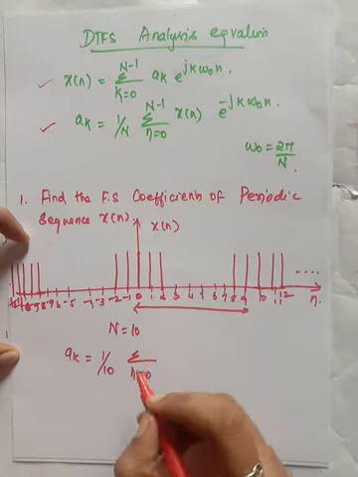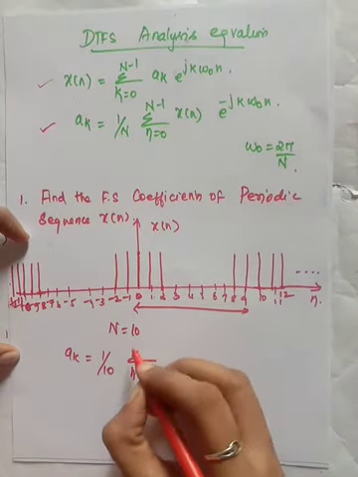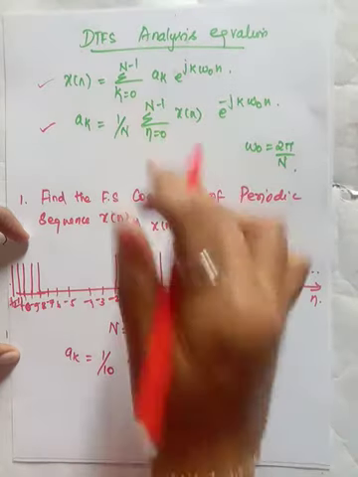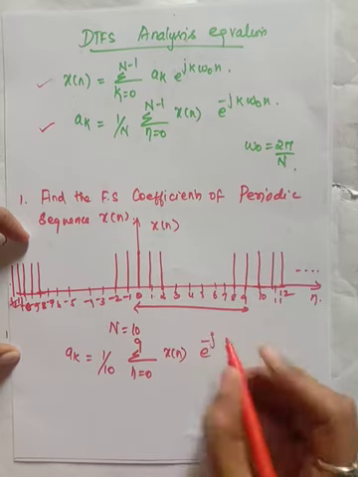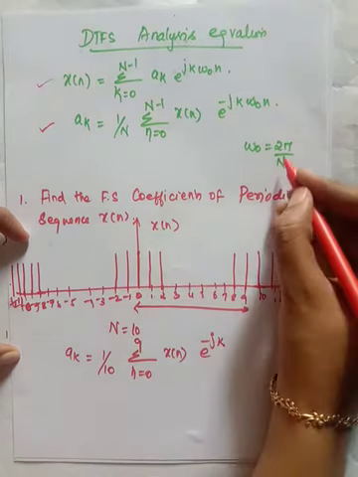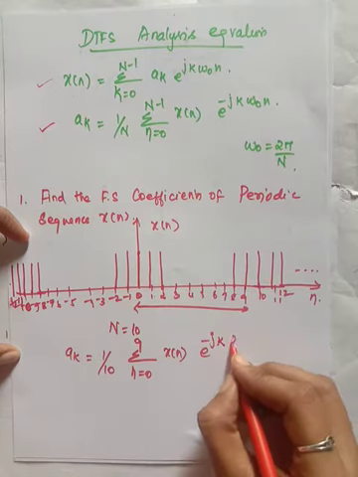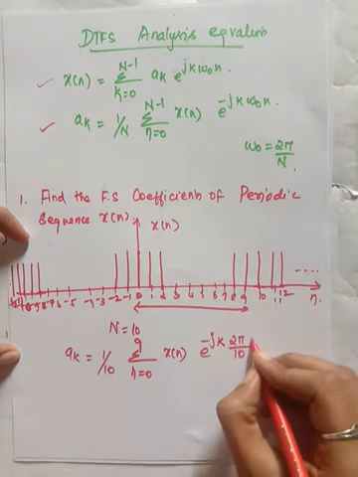So here what I am going to do is 1 by 10, summation n equal to 0 to 9, N minus 1 is 9, x of n e power minus j k omega naught n. Here omega naught is 2 pi by N, so I substitute 2 pi by 10 into n.